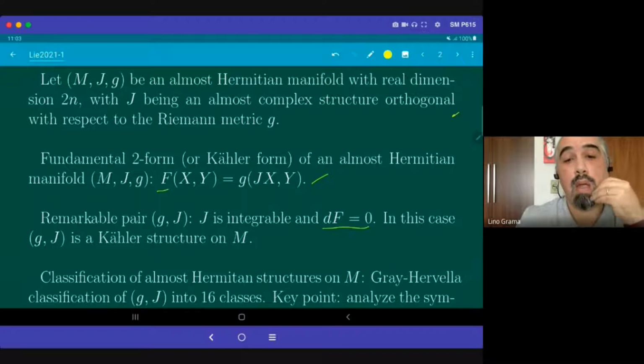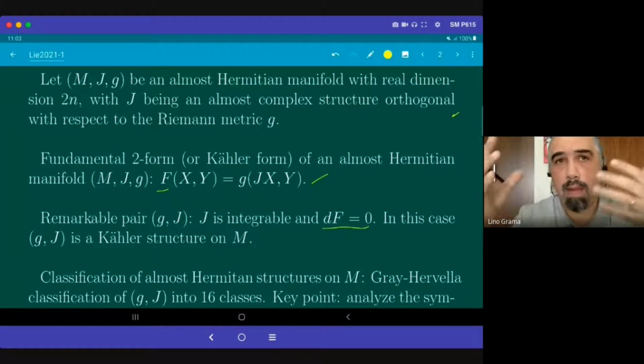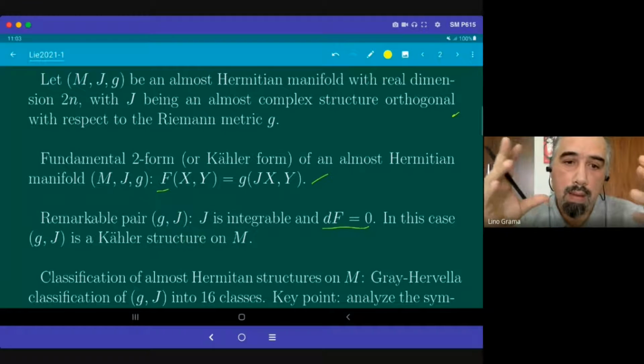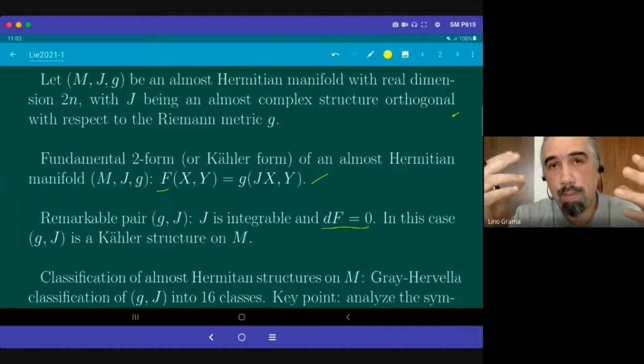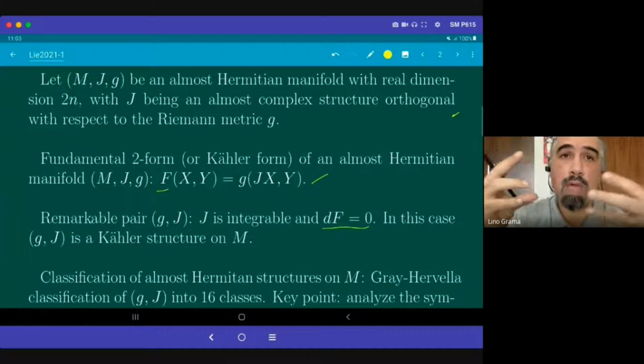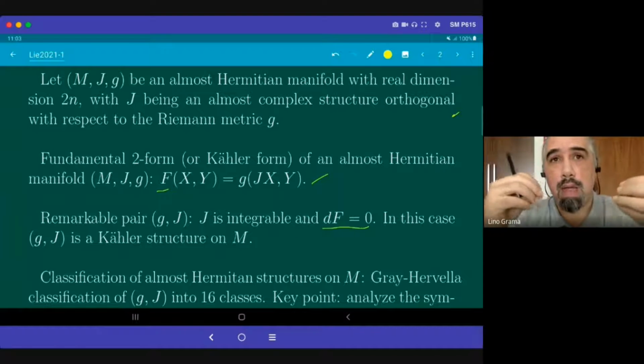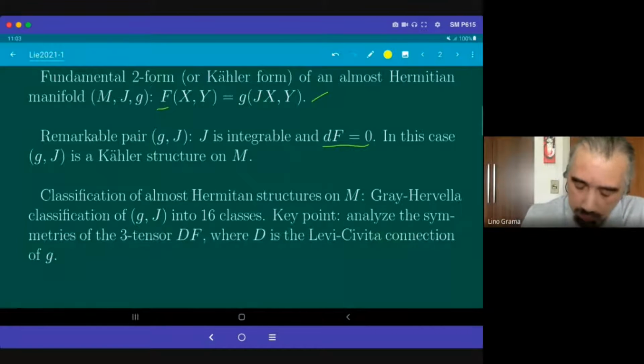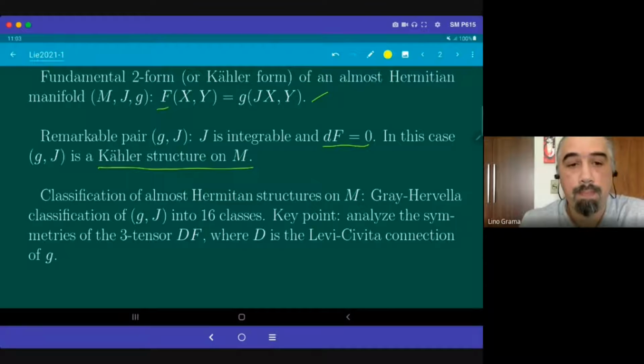This is a very distinguished pair, and we need to decide if the manifold can have this pair or not. In this case, we call this a Kähler structure.